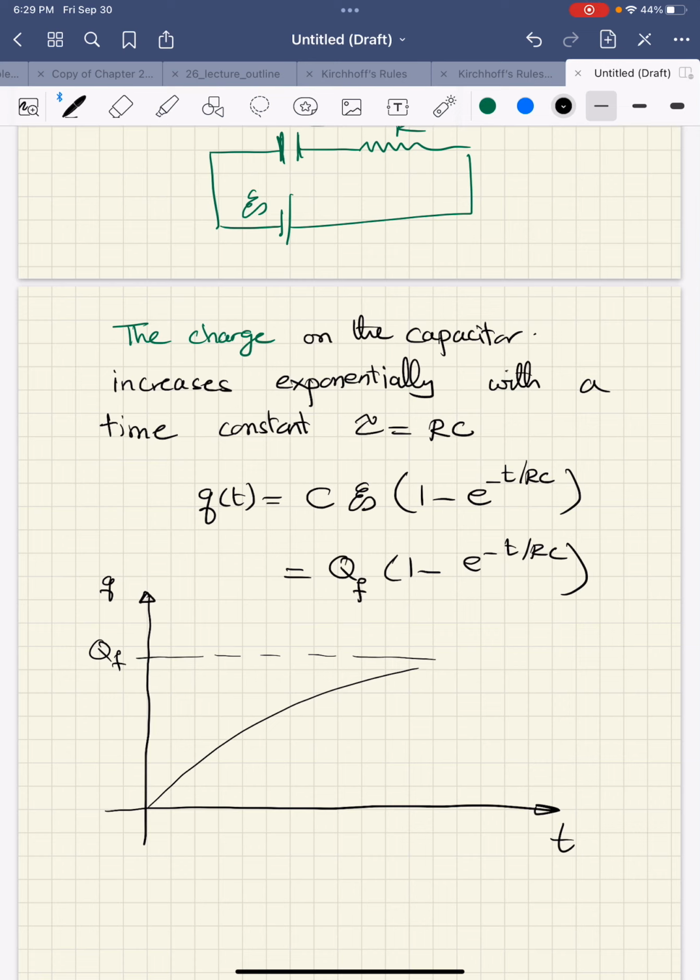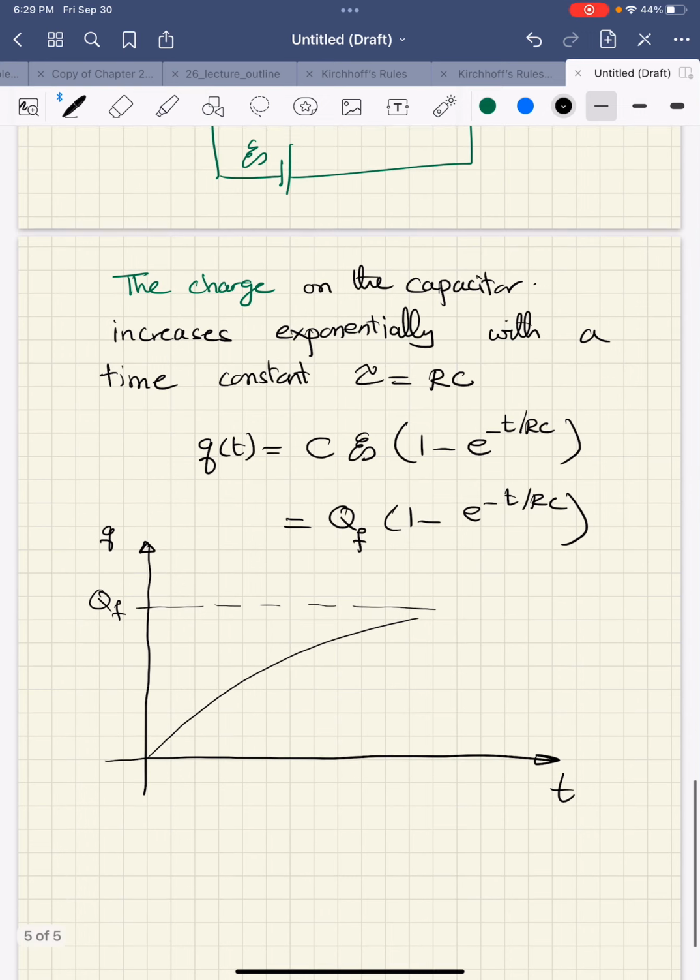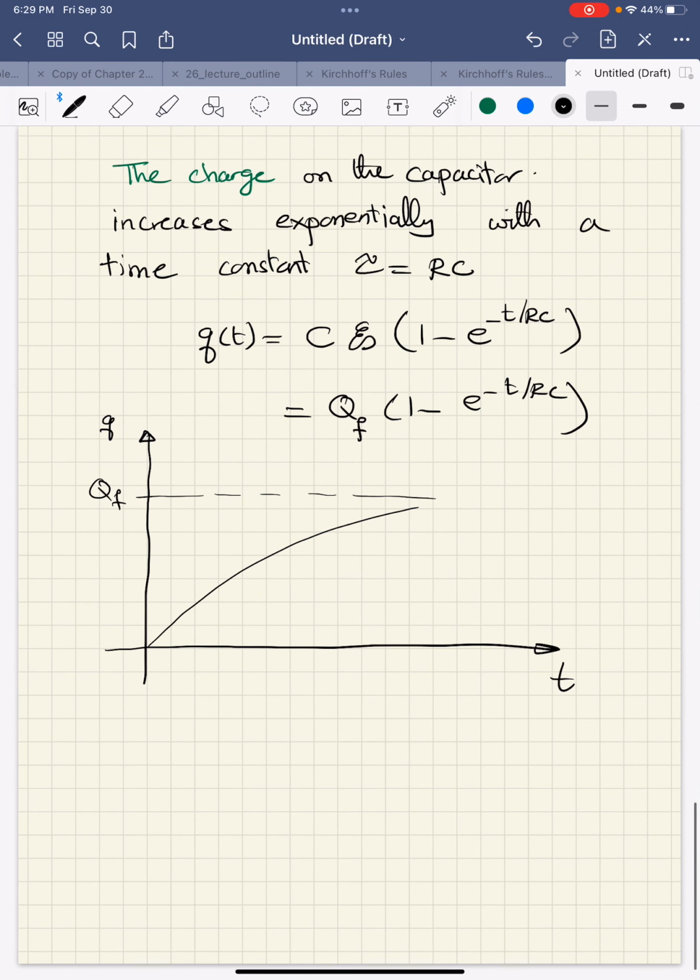The charge increases exponentially until it reaches a value that is the Q final. We are going to talk more about it, complete that, then talk about discharging, and then we're going to solve problems.